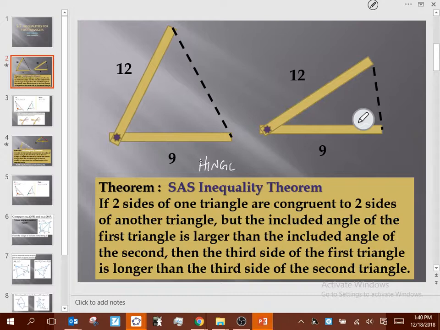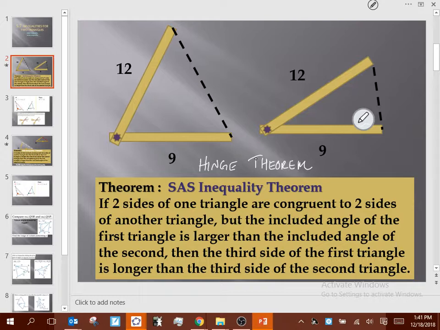This is also referred to as the hinge theorem. Okay? A hinge, like the hinge on a door or a cabinet, or the hinge on scissors, is the idea being expressed here within this inequality.